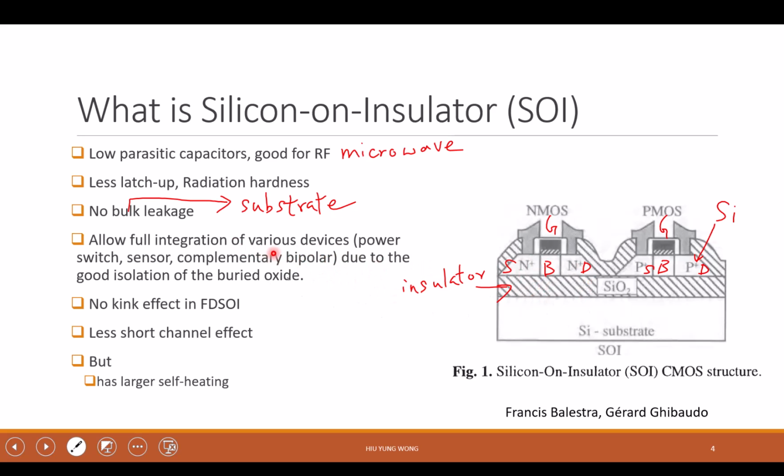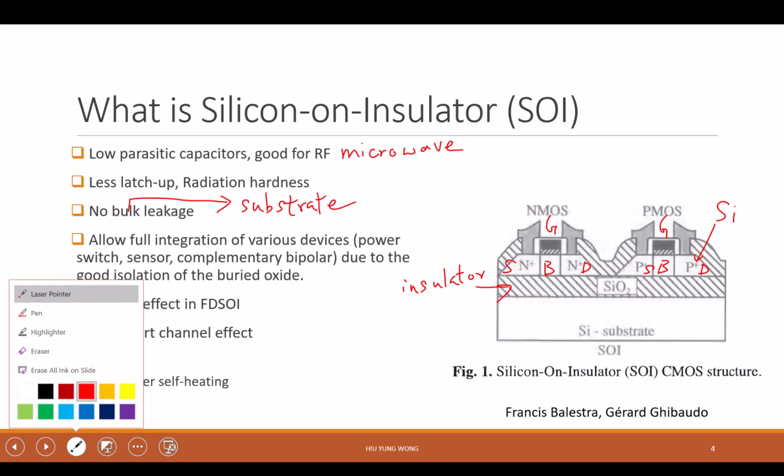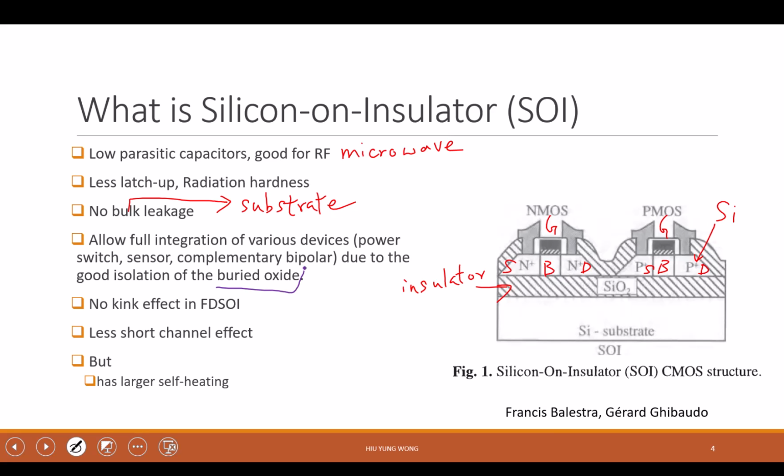This is something Global Foundries have been promoting. Global Foundries has lots of products for different special applications, and because you have this insulator, which I did not mention, this is also called buried oxide. They are the same.